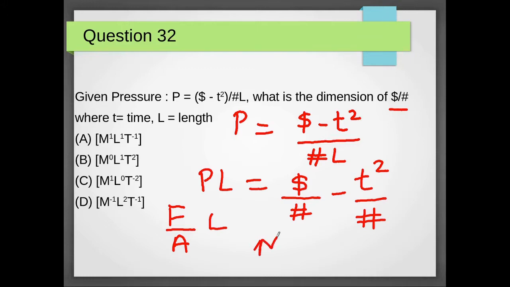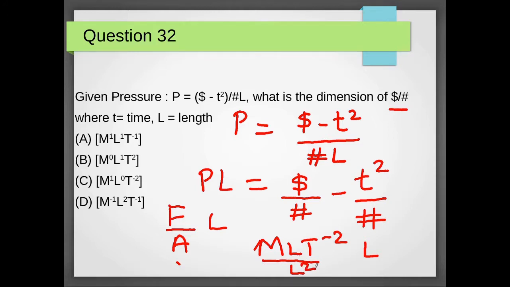So it's M L T to the power minus 2 into length, which is L, divided by area, which is L square.